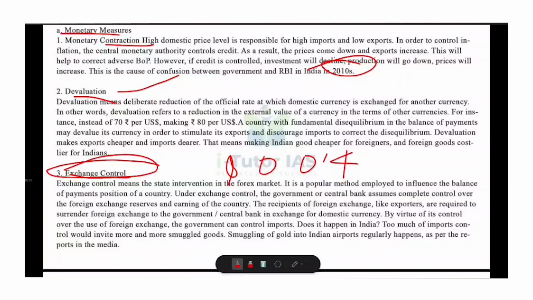Exports become cheaper for foreigners, and thereby exports increase. Imports become expensive for domestic consumers, thereby reducing import expenditure and helping to restore BOP equilibrium. In short, monetary contraction focuses on controlling prices and credit, and devaluation focuses on making exports cheaper and imports costlier to balance trade.